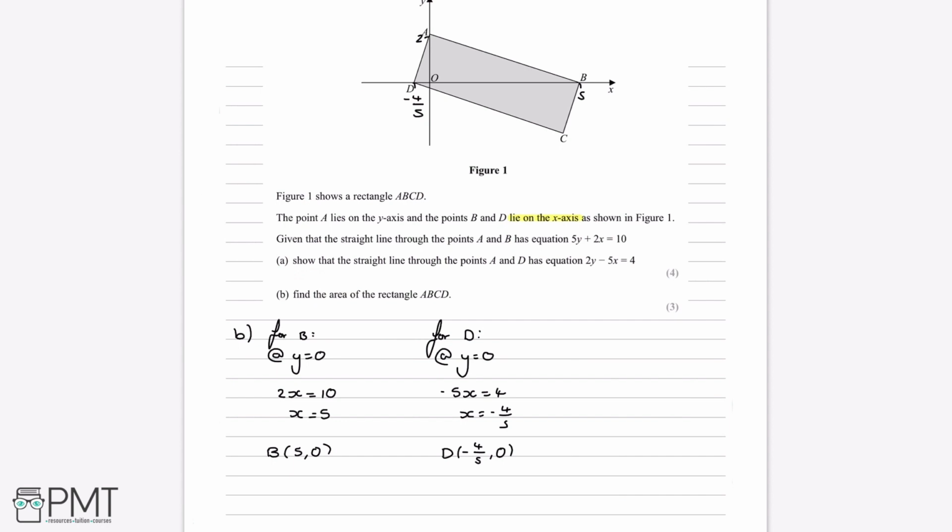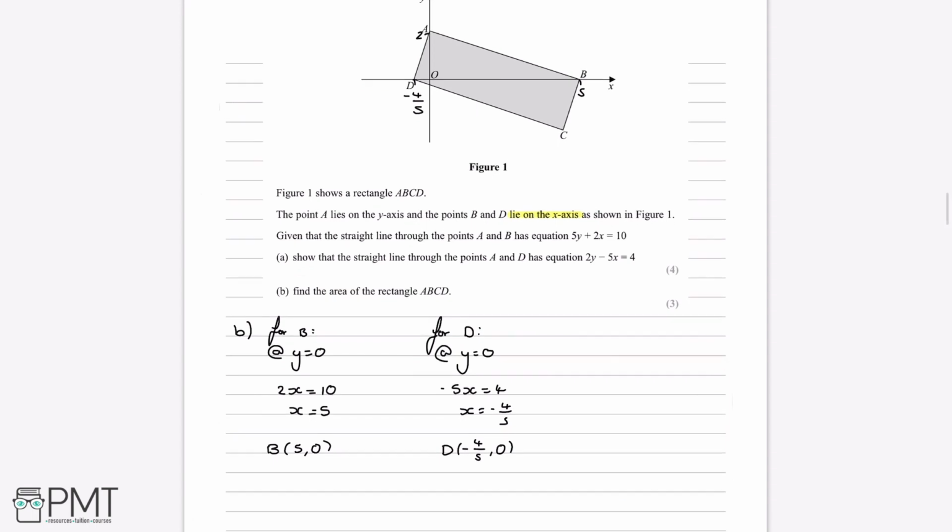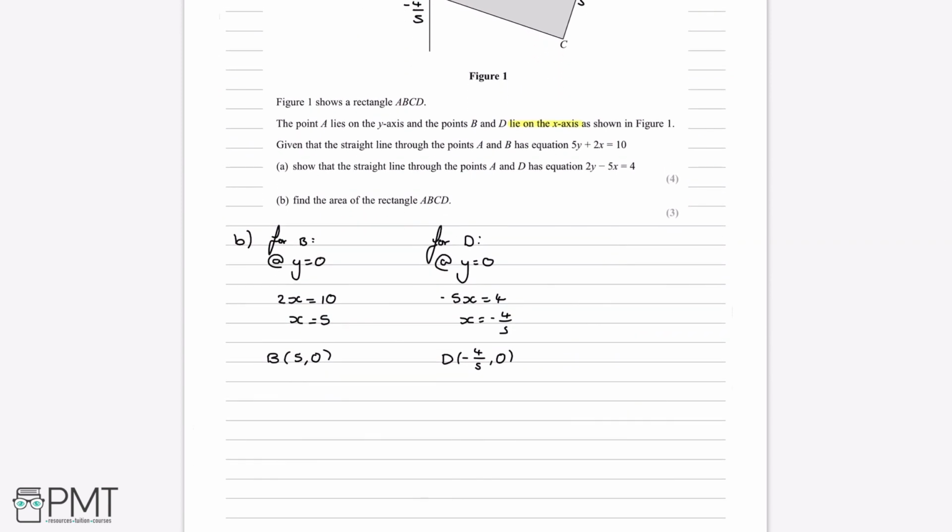So the way we work out the length of any line between 2 points on a graph is we use Pythagoras' theorem. And this can be a bit easier to visualize if we were to draw it out. So for the line AB, for example, if A is here at 2, 0, and B is down here at 5, 0, and we draw the line between them, we know that we've gone up by 2 and along by 5.